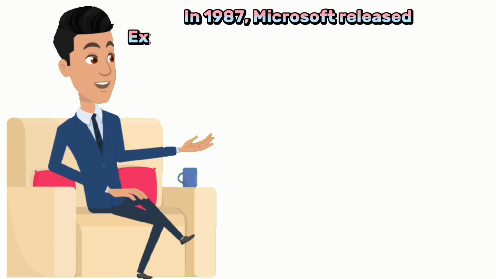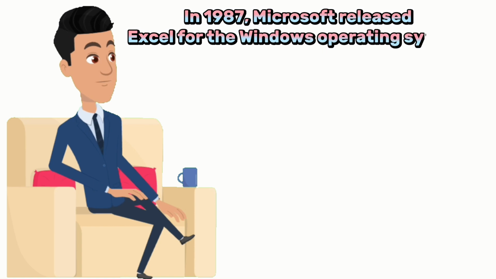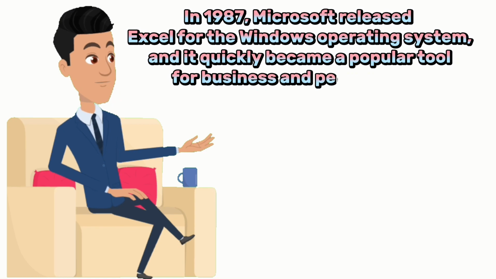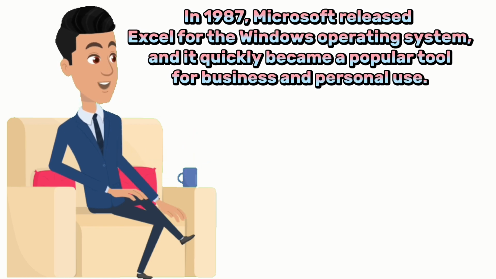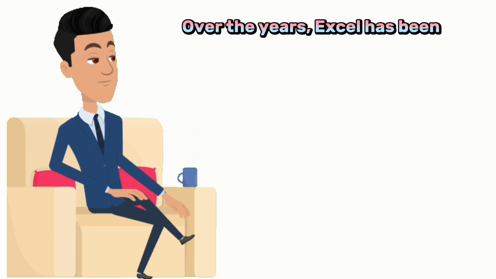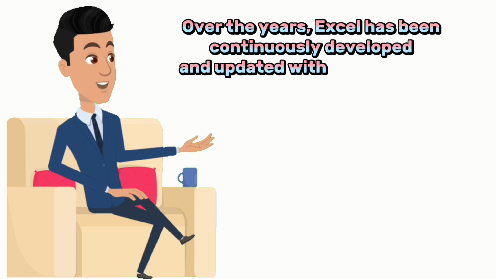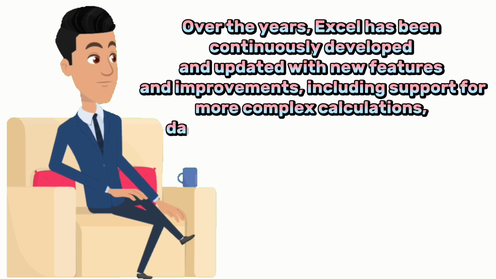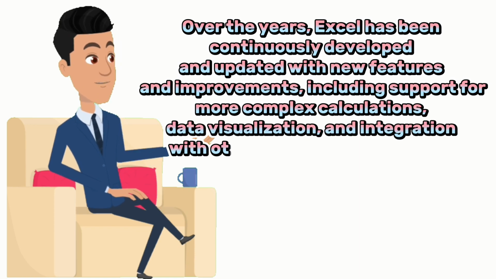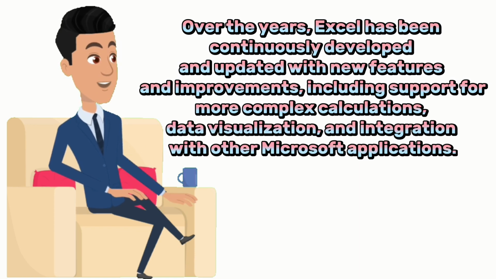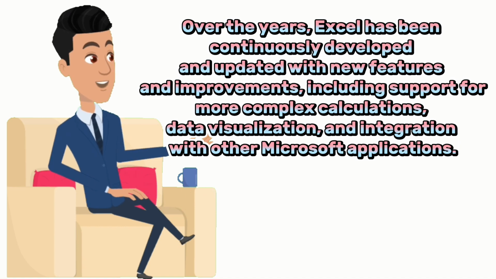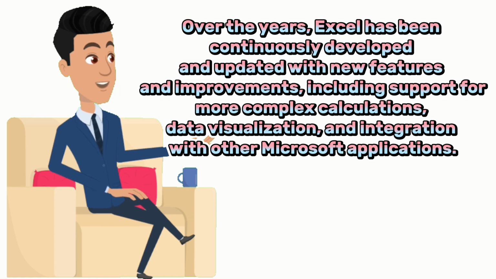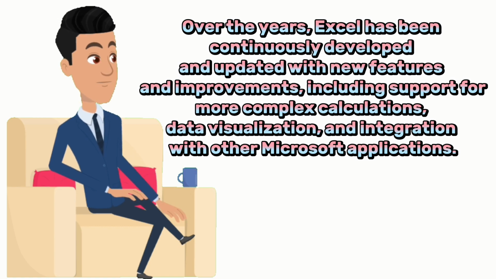In 1987, Microsoft released Excel for the Windows operating system and it quickly became a popular tool for business and personal use. Over the years, Excel has been continuously developed and updated with new features and improvements, including support for more complex calculation and visualization and integration with the other Microsoft applications.